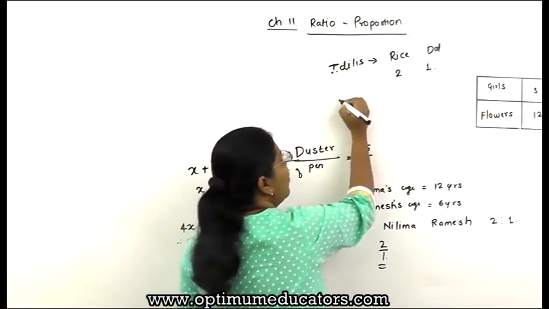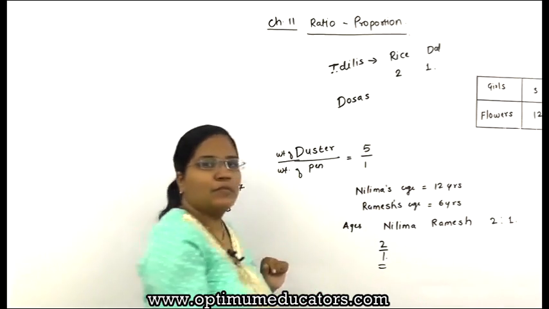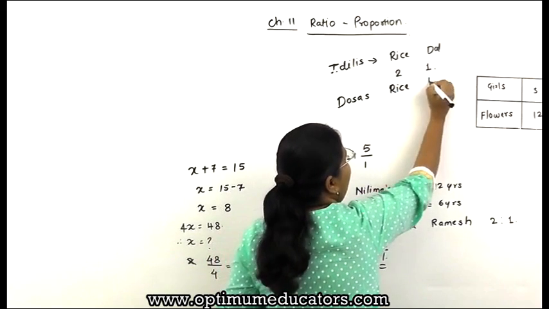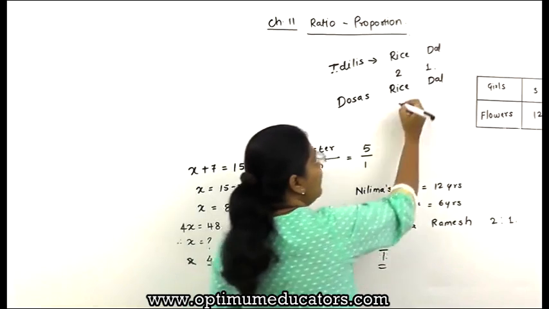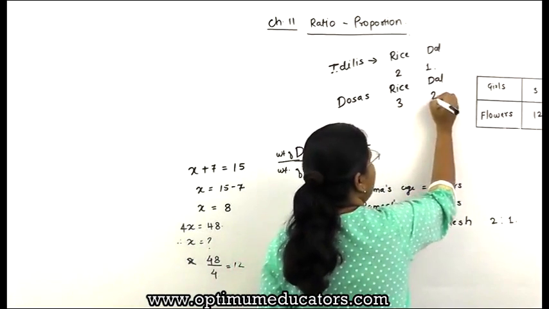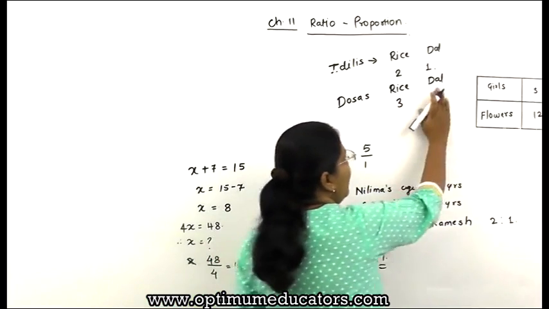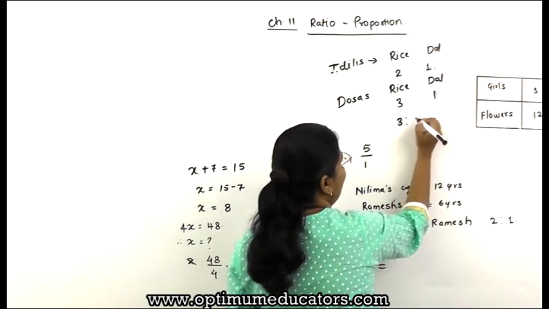Now suppose I want to make dosas, then the proportion varies. For rice and dal, the proportion is going to vary. If I make use of 3 cups of rice, I must take 1 cup of dal. So here the proportion is 3:1.